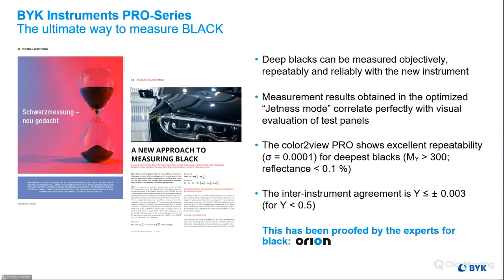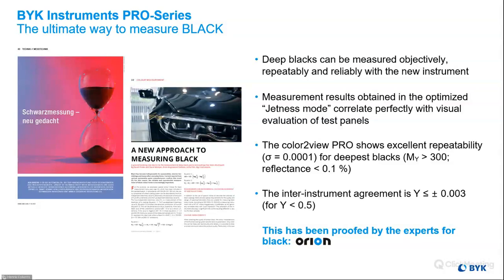Okay, now to sum it up, deep blacks can be measured objectively, repeatably and reliably with these new instruments. The measurement results obtained in the optimized jetness mode correlate with the visual evaluation of our test panels. And the Color 2 View Pro, the desktop instrument, shows really excellent repeatability on deepest blacks.